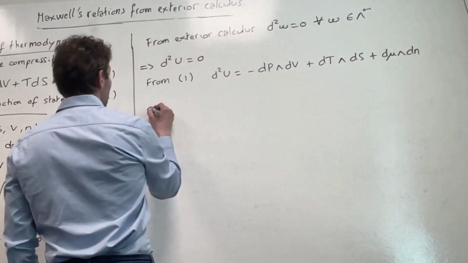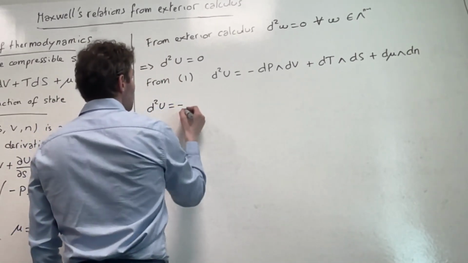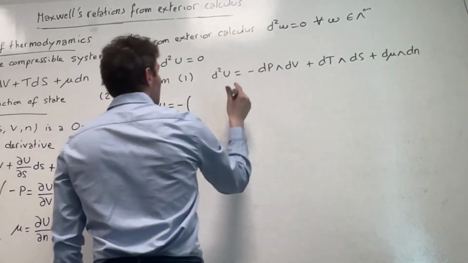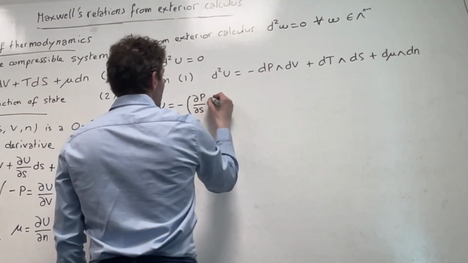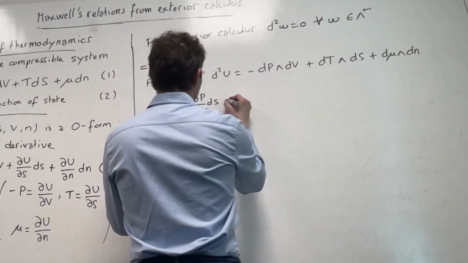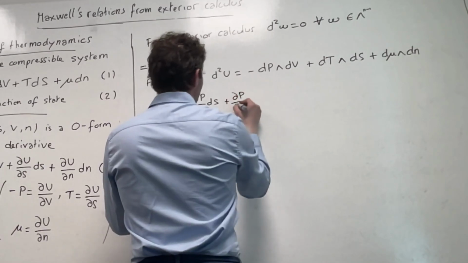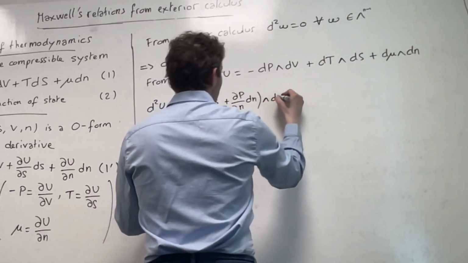So what I end up with is du is equal to minus dp ds ds plus dp dn dn, and then wedge dv.